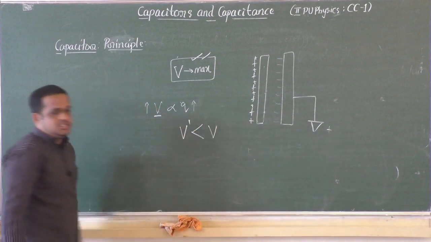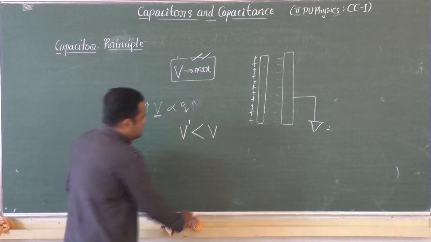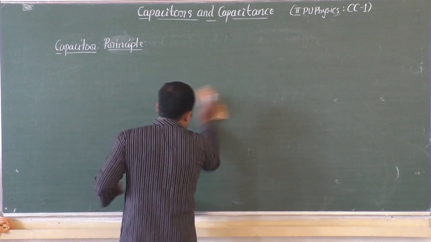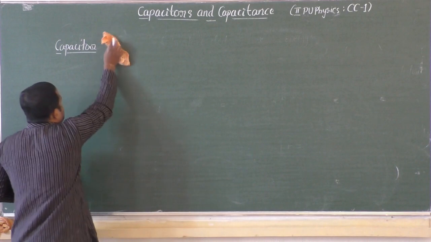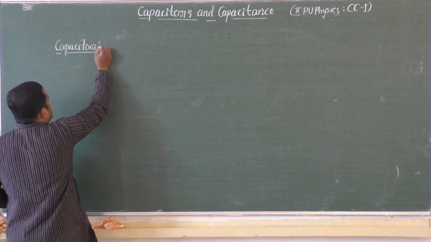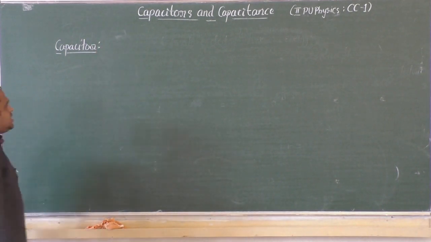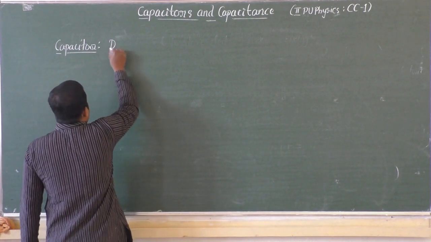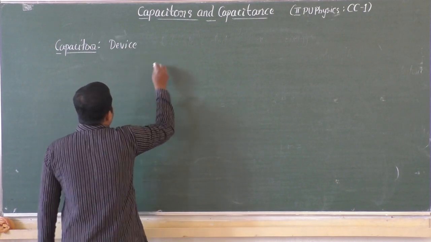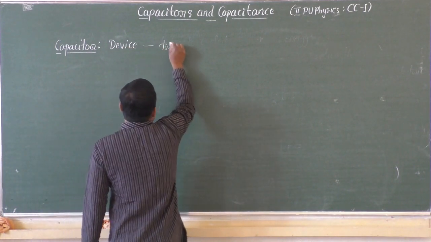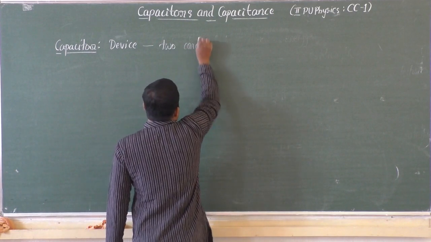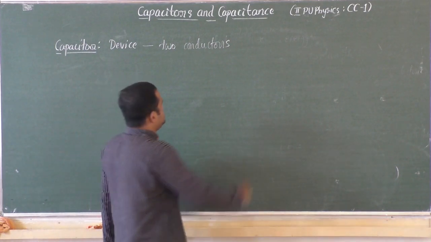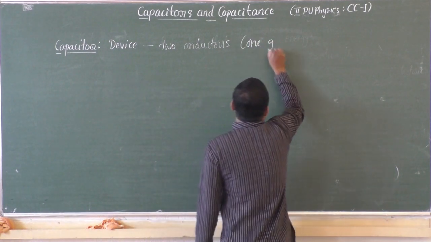Now this is the principle of capacitor, which is not in your syllabus. Okay. It is not included in your syllabus, but remember all these points. Presence of a second conductor increases the capacitance. Now what is a capacitor? It is a device consisting of two conductors, out of which one is grounded.